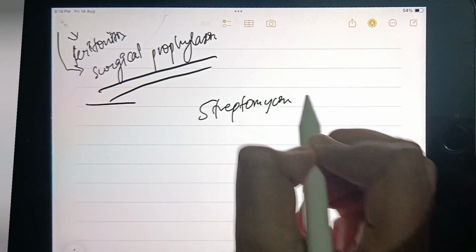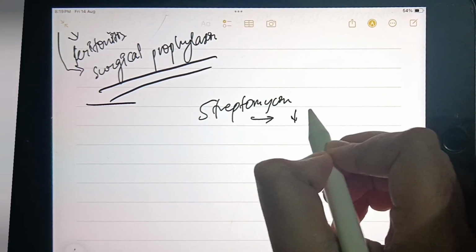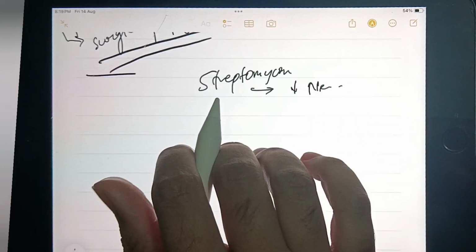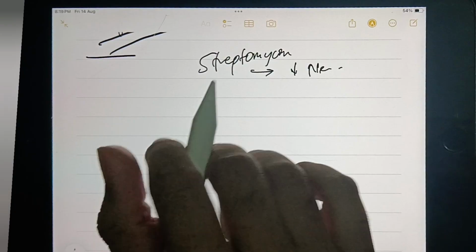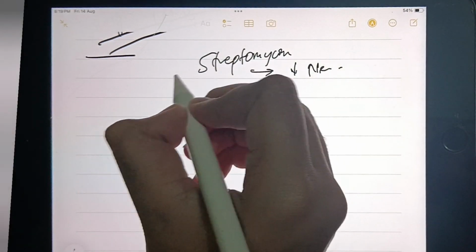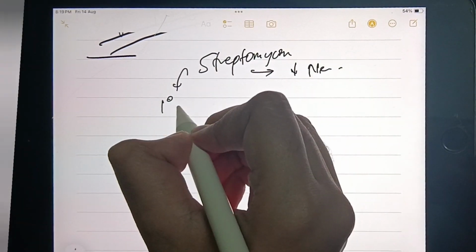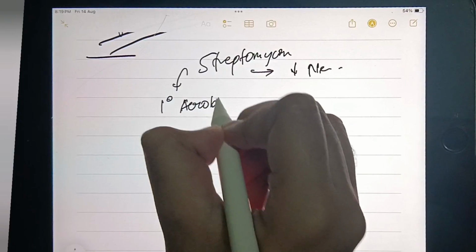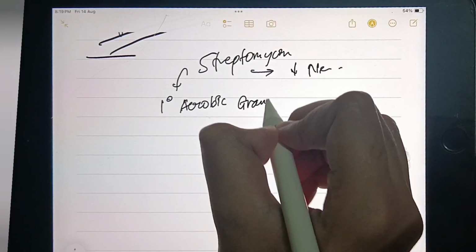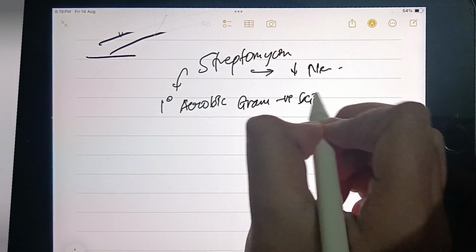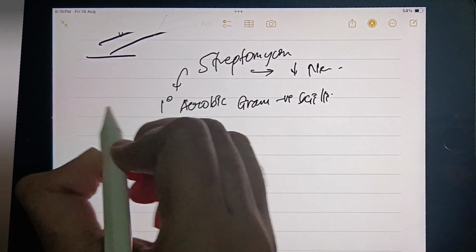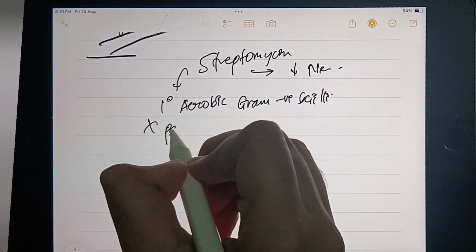So as you know, it is the least nephrotoxic drug, and it has a narrow antimicrobial spectrum. That is, it primarily covers only the aerobic gram negative bacilli. Okay, and it does not have any effect against Pseudomonas.